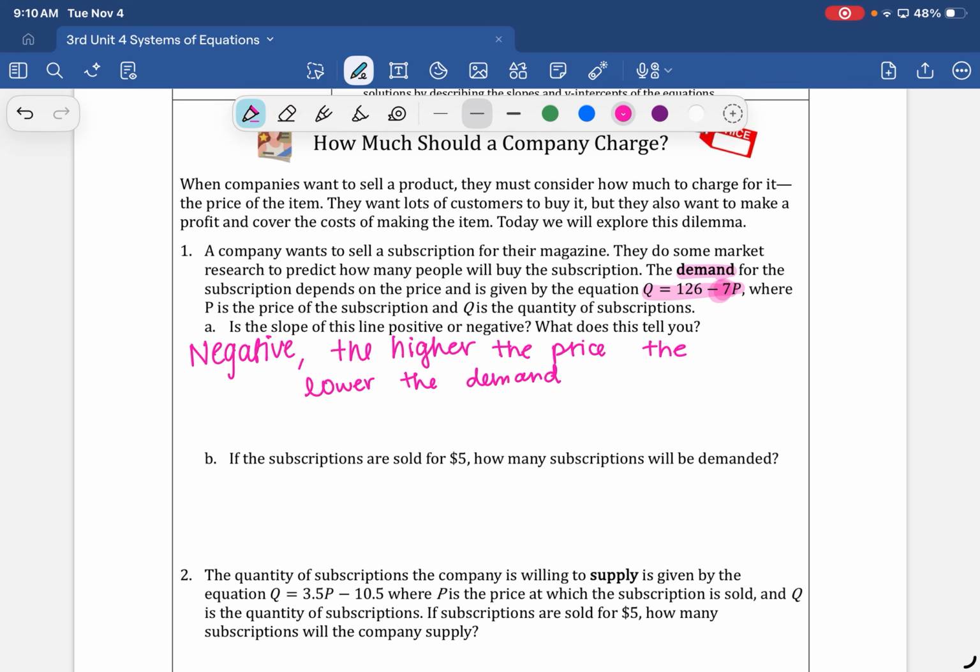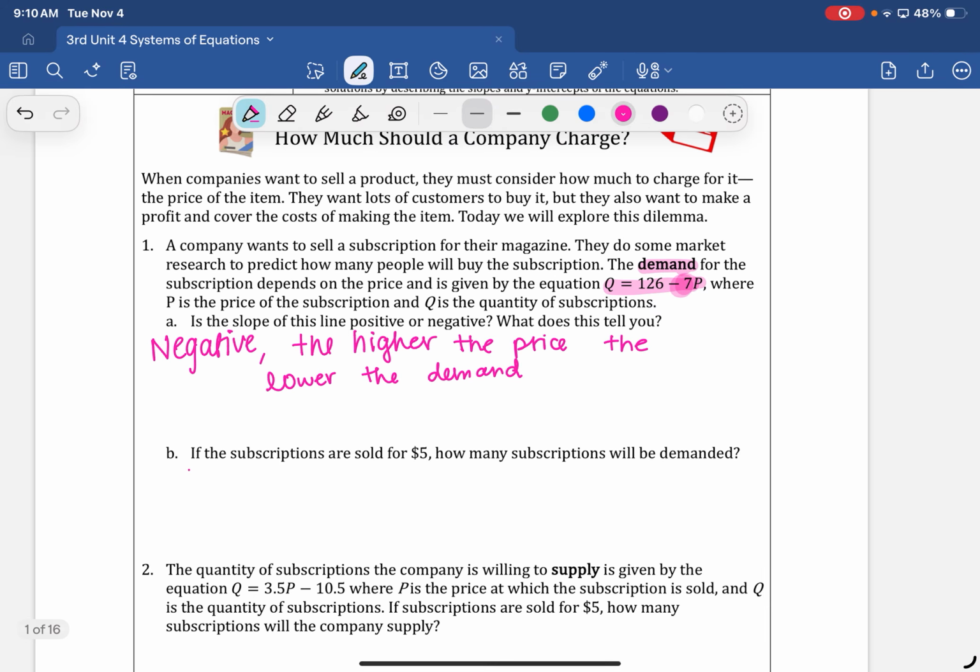Now we're going to look at B. It says, if the subscriptions are sold for $5, how many subscriptions will be demanded? So what do I need to do to figure that out? Plug in 5 for P. So we're going to do Q is equal to 126 minus 7 times 5. What is that?